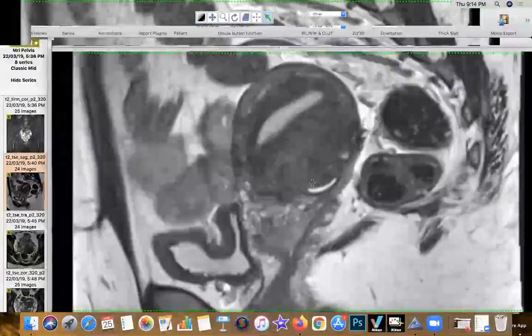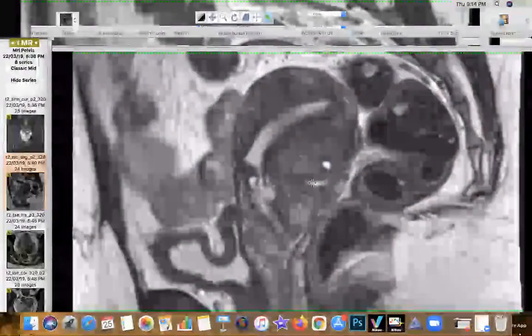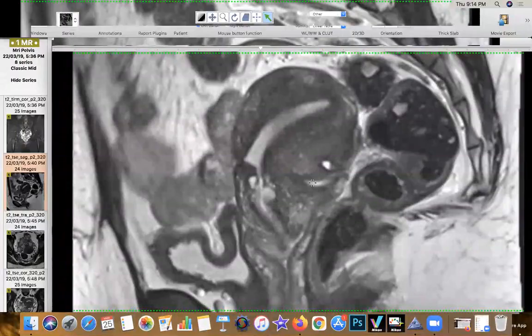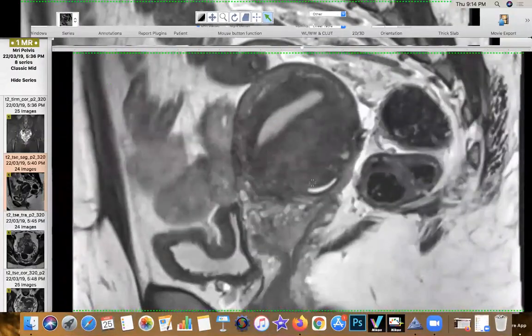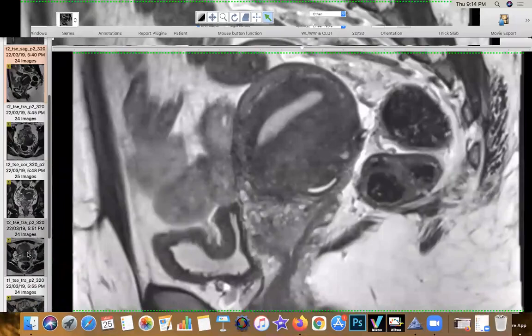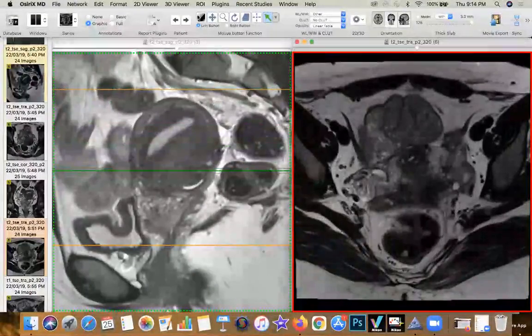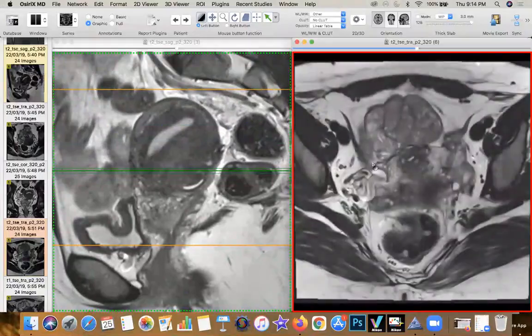So when you're seeing this abnormal thickening, you've got to start realizing what is going on out here. Now, this thickening, if you look at it from a signal intensity point of view, is intermediate to what I would say a darkish gray kind of structure. And I'll put that on the actual images.